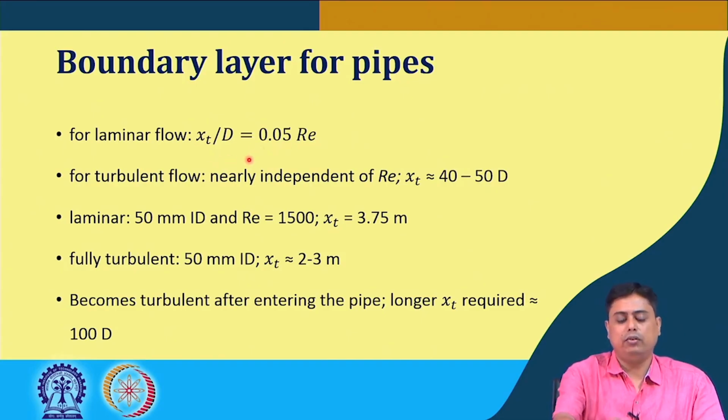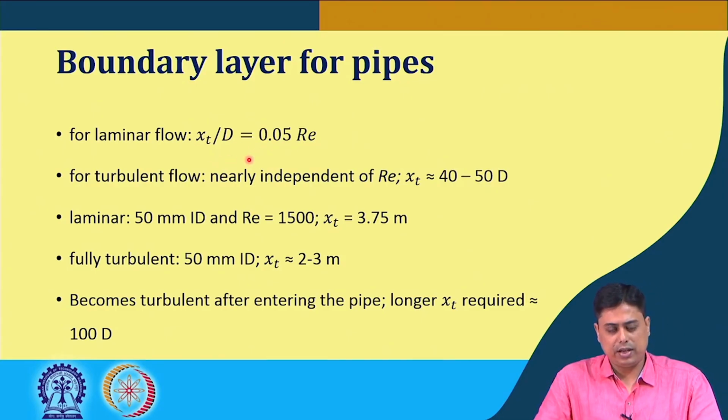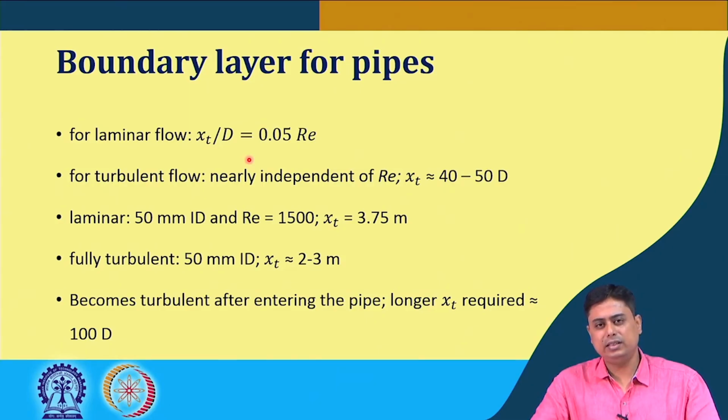For turbulent flow, typically when it goes to very high velocity, the transition and the turbulent flow occurs. So, in the fully turbulent cases, we see that this entrance length or the transition length is nearly independent of the Reynolds number, and that transition length typically is 40 to 50 diameters of that pipe or the conduit where the boundary layer is developing.